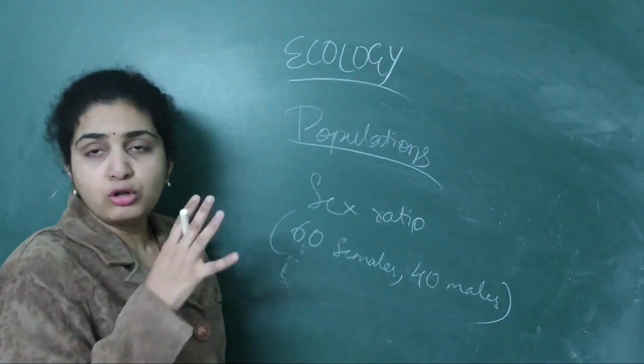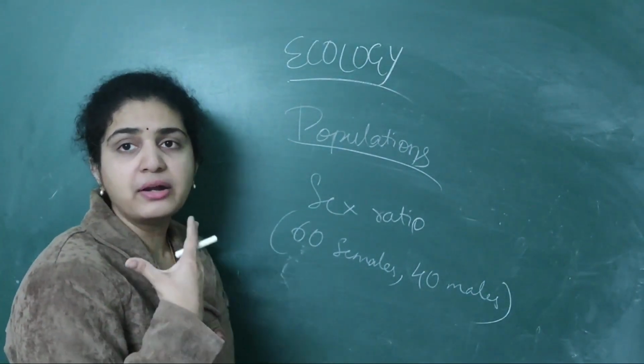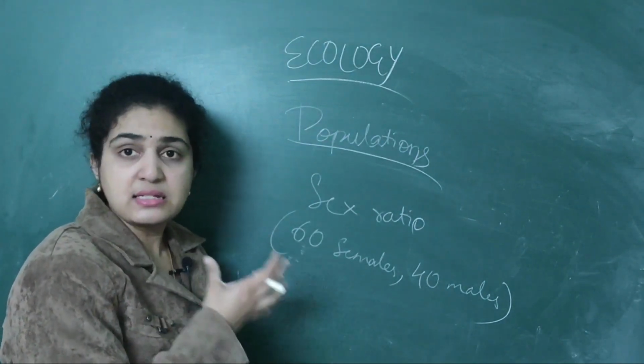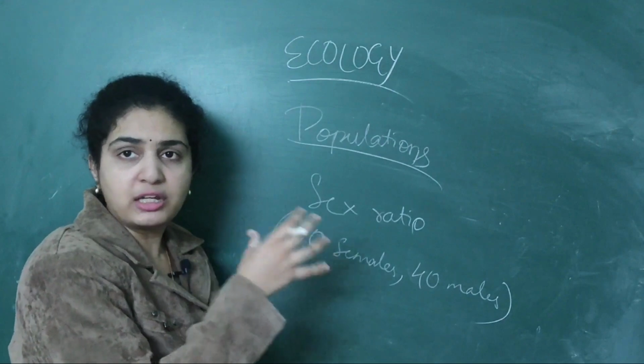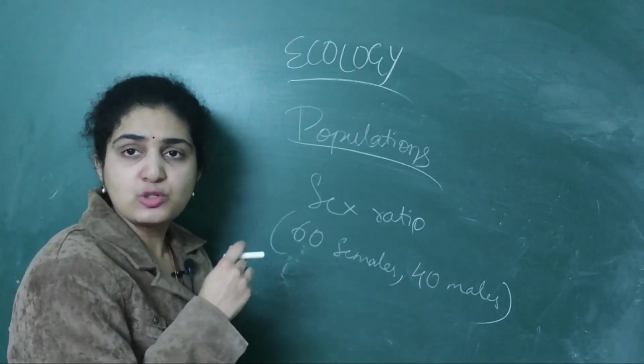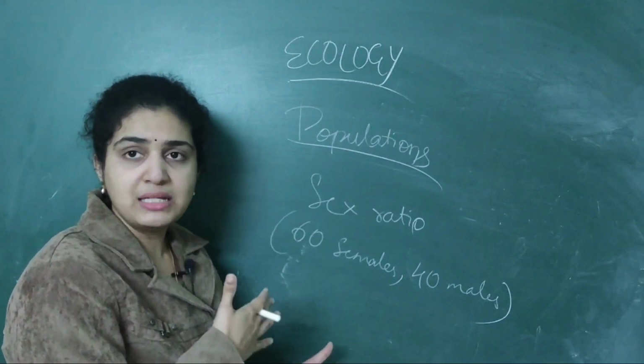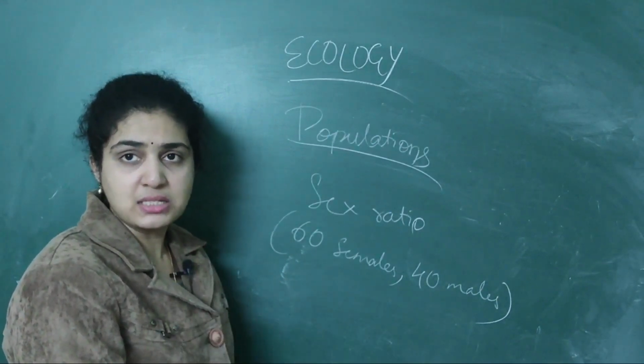So out of 100 individuals present in an area, 60 were females and only 40 were males. Like this you calculate the sex ratio: how many females are present, how many males are present.